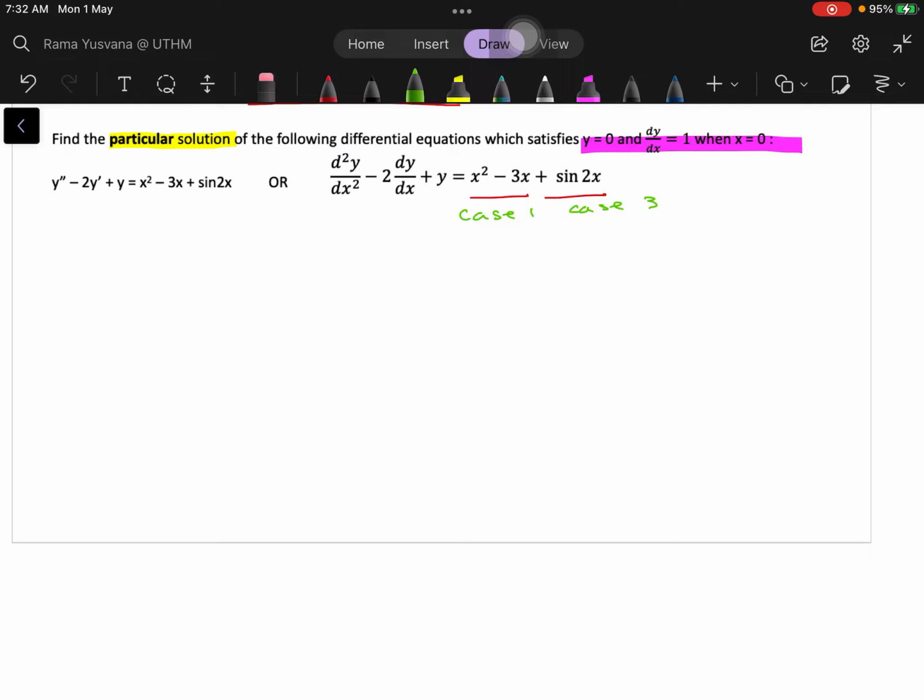So it's a linear combination of case number 1 and case number 3. Just like before, we solve the problem by dividing it up.